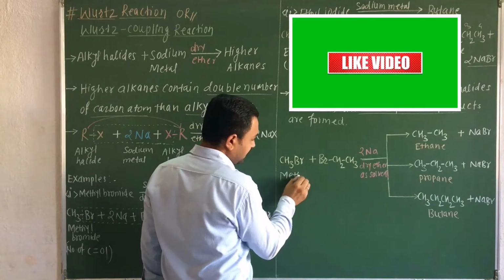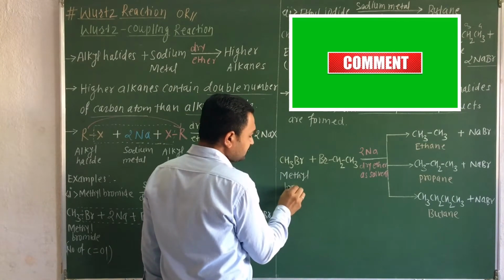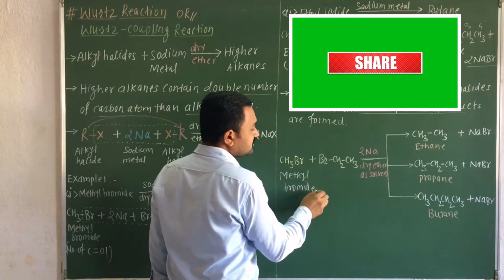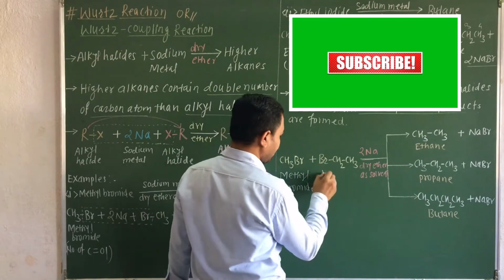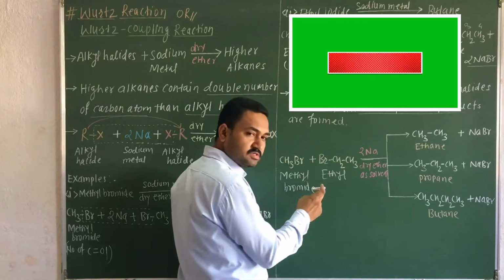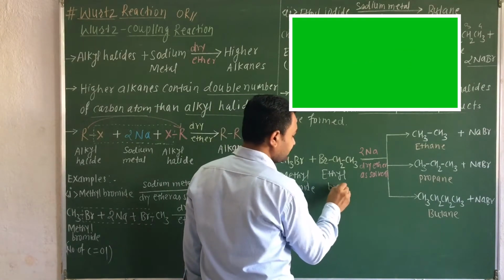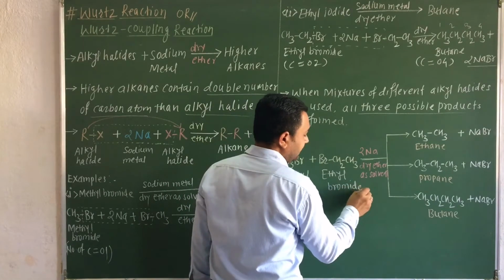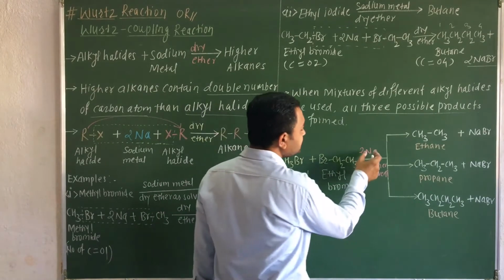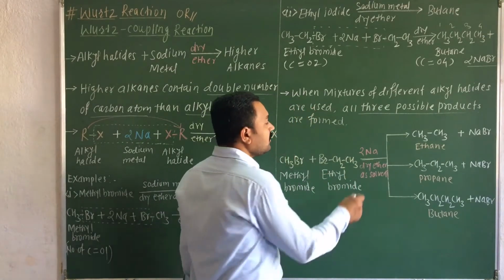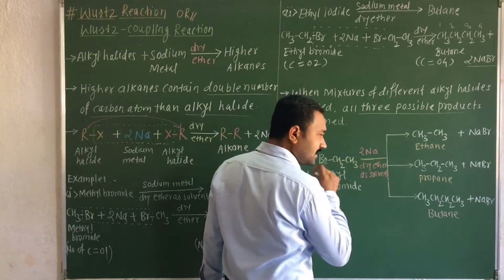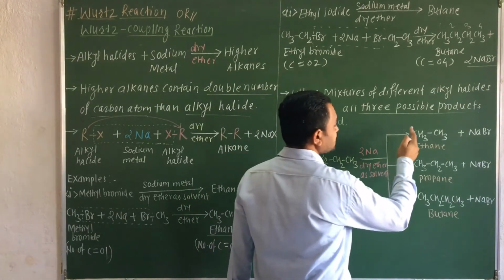This is your methyl bromide, and it is treated with ethyl bromide. So here I am using two different alkyl halide compounds, and when they are treated with sodium metal in the presence of dry ether as a solvent, they give a mixture of products.